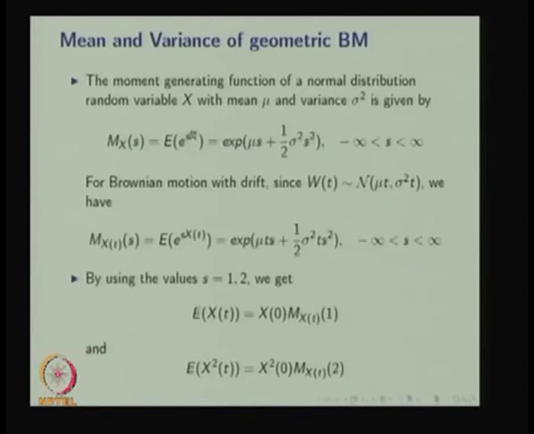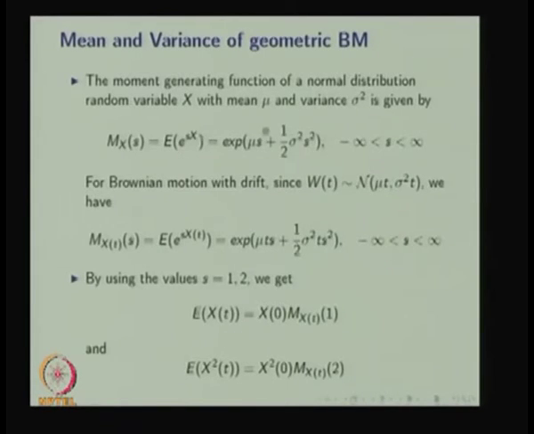This expectation exists because the random variable x is normally distributed, so the moment generating function exists because the moments of all order exist.